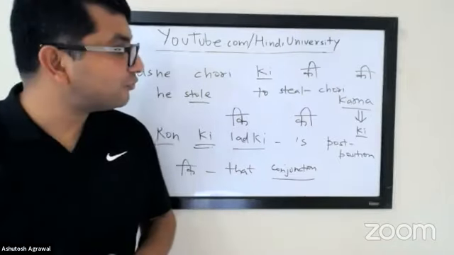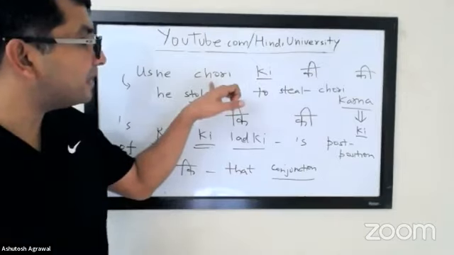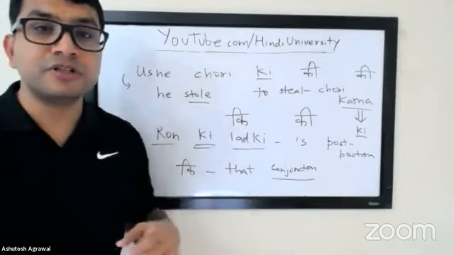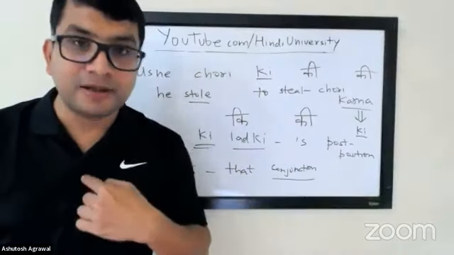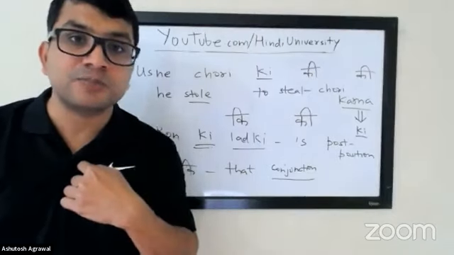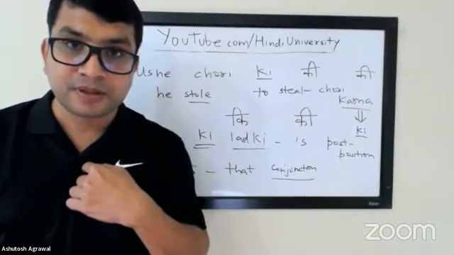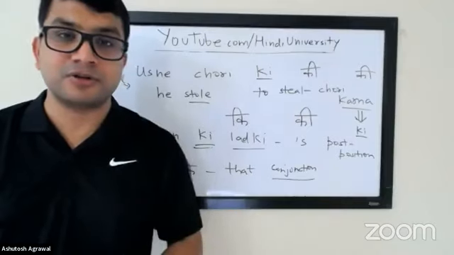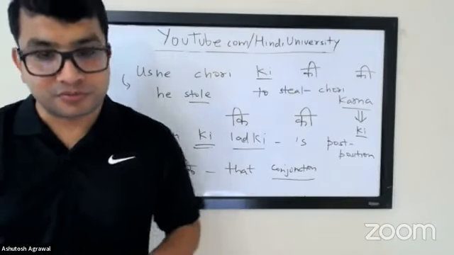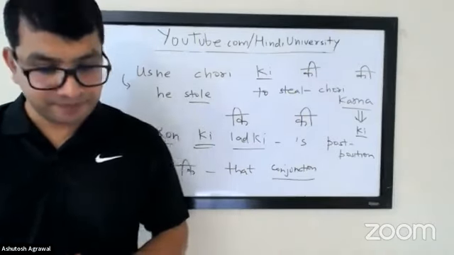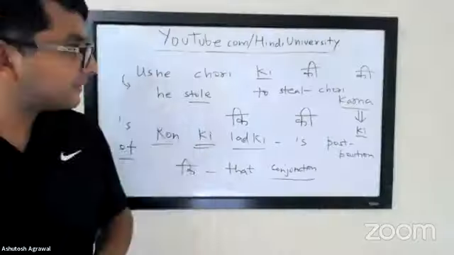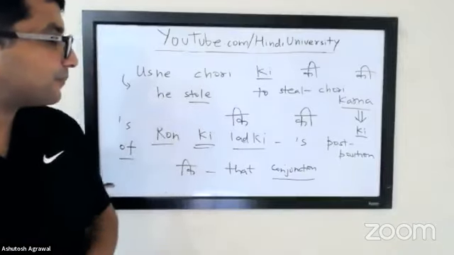If you have to look for the specific one, chori is feminine, so usne chori ki. Baat is feminine, right? Usne mujhse baat ki. He spoke to me. You see the difference, right? As long as it's feminine, it will always be ki. That's right. Okay. Dhanyavad. Awesome.